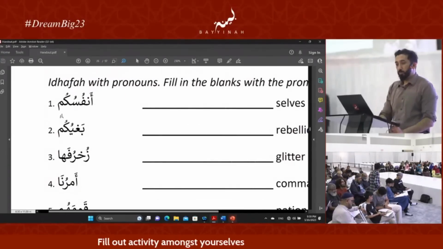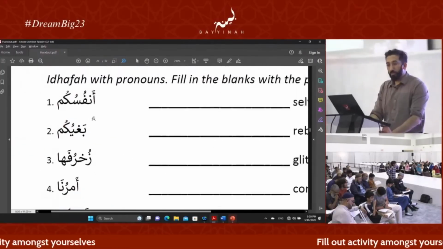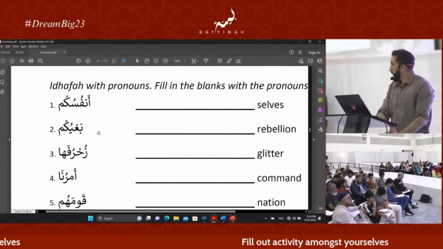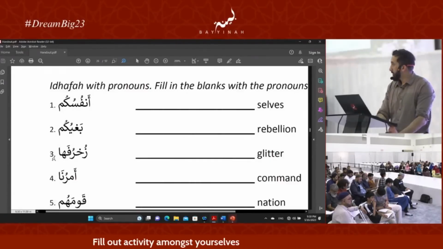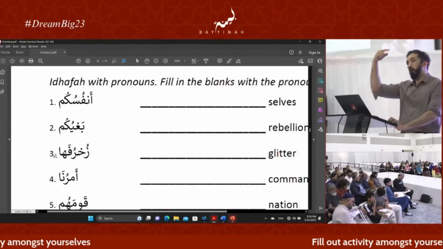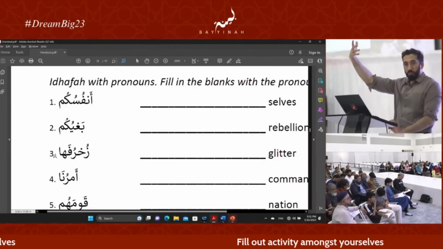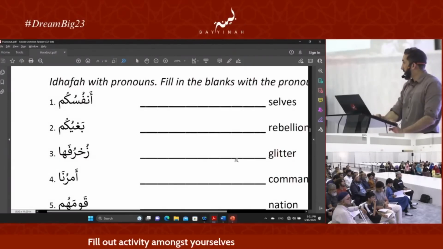Baghyukum, same problem, same solution. So what's the meaning? All of your rebellion. Anybody have trouble with number 3? If you had trouble with number 3, what is the origin of ha? Which means she. So whose glitter?